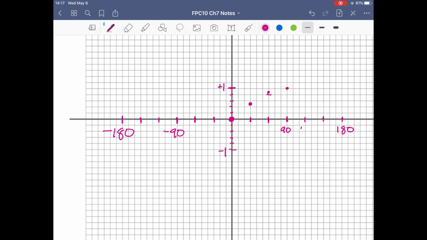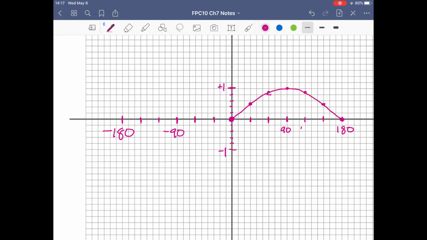At 90, it's 1. Then it's going to be back down at 120 back there. Now, where do you think it's going to go at 150? Well, if you guess 0.5 again, you would be correct. And at 180, it's going to go back down to there. So this is the right-hand side of our graph. Makes this nice, smooth curve.